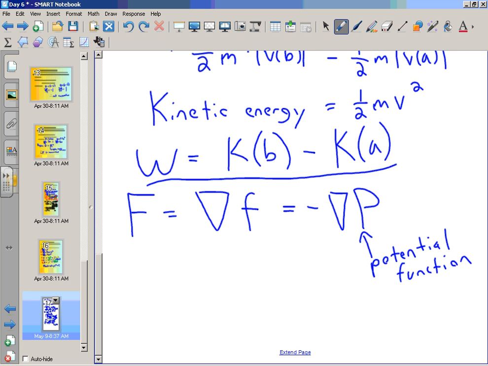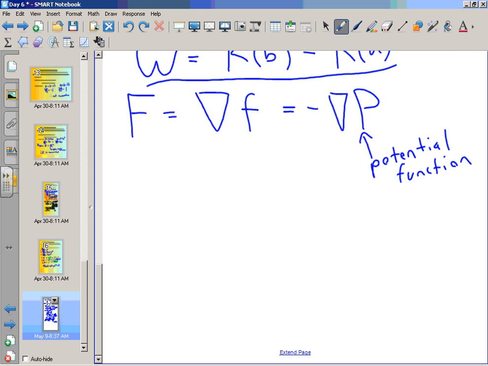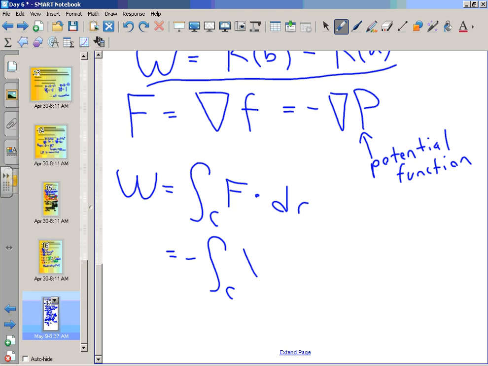So we know that work is also going to be equal to the line integral over C of F dr, but we can write that as negative times the line integral of this potential function dr, by the way we define that potential.